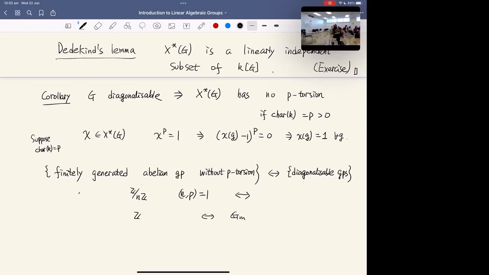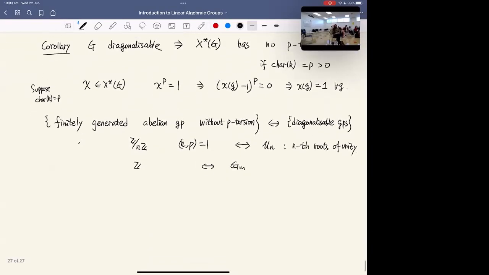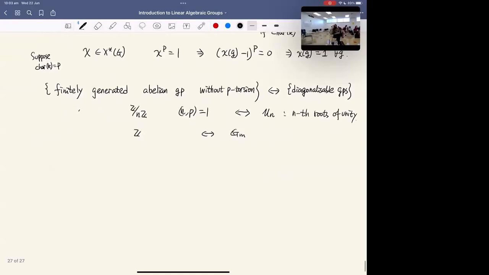What about the group mu n, the nth roots of unity? So every diagonalizable group is going to be a product of G_m to the n with some finite groups mu n, so that p doesn't divide n.